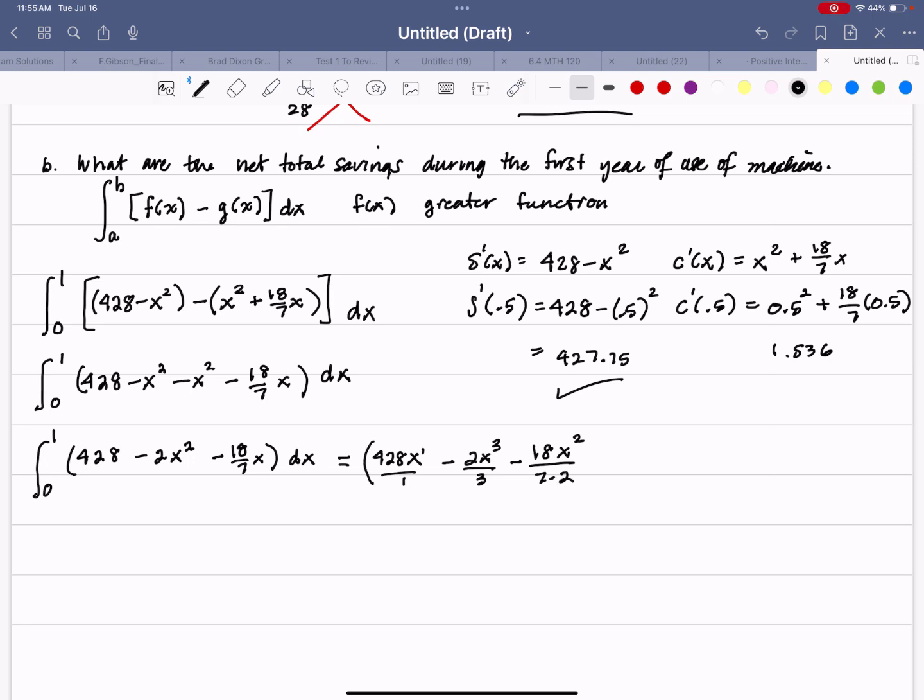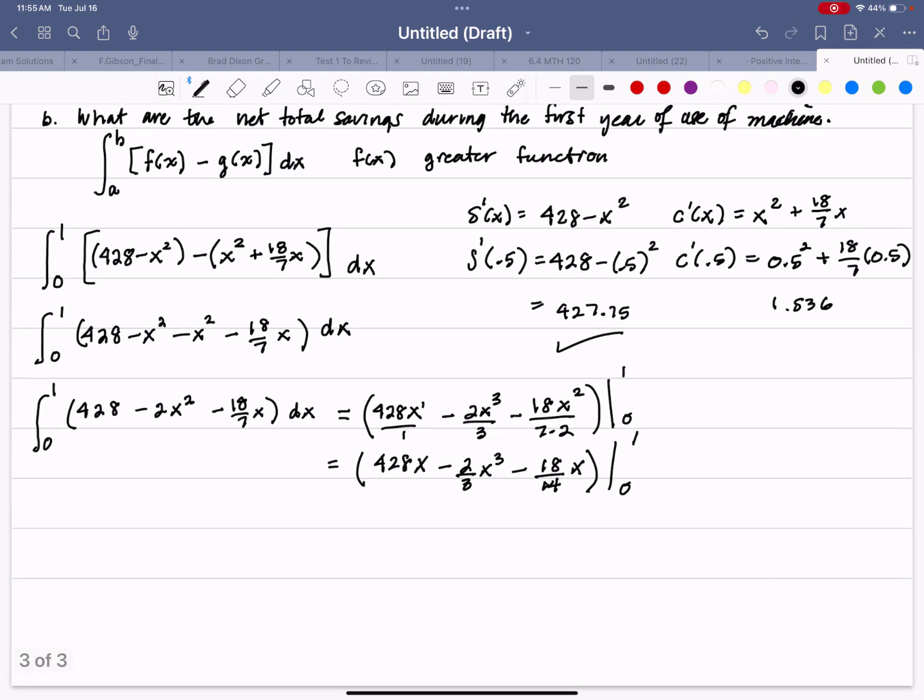Now this whole thing is going to be evaluated at 0 and at 1. So that's going to be 428x minus 2/3 x cubed minus 18 over 14x, which would reduce, but you're just going to do it on your calculator, so you could just leave it.